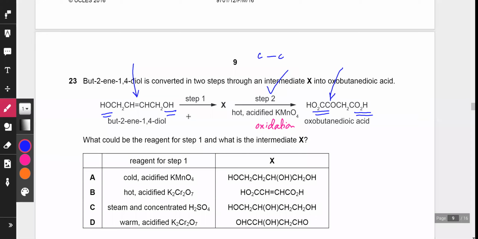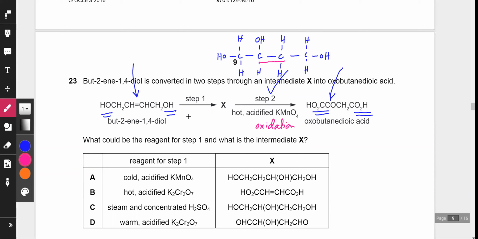So double bond over here in the middle, H and OH are going to get added, and then on this side there's CH2OH, and on this side as well there is CH2OH.